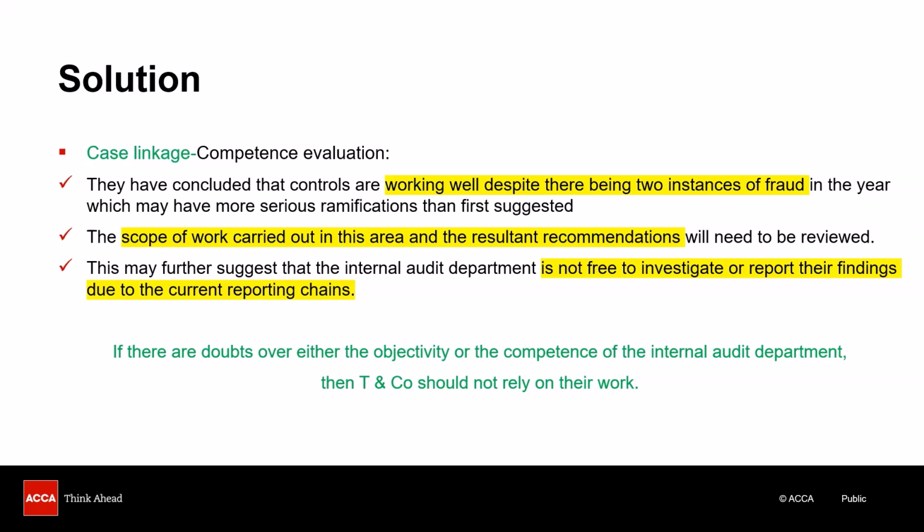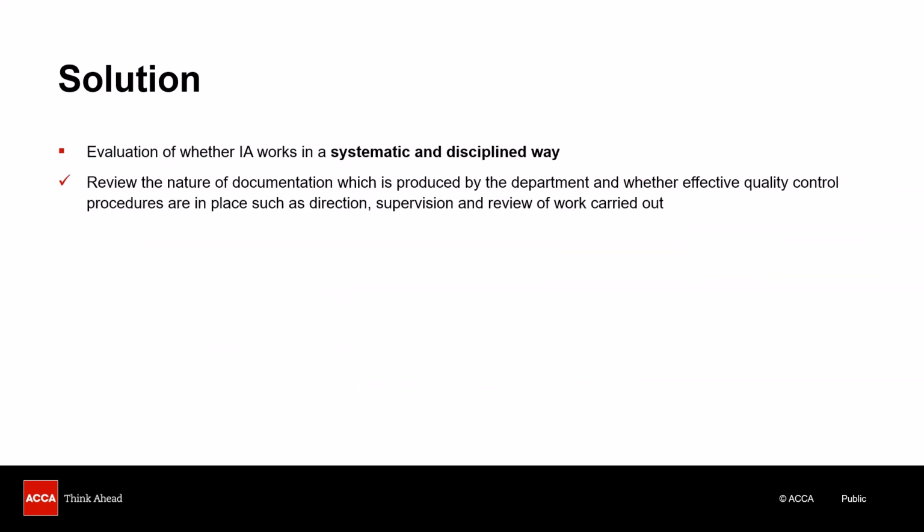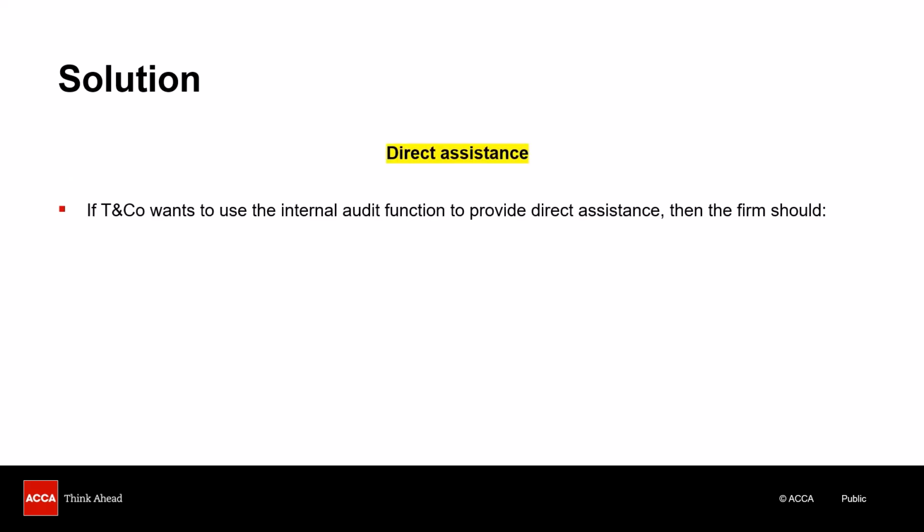We have to write over here as well that if I'm not happy with their objectivity or competence, I'm not going to be relying on their work. Straightforward knowledge, I'm also going to be looking at whether their work was done in a systematic and disciplined way. We've covered relying on the work of internal auditors.